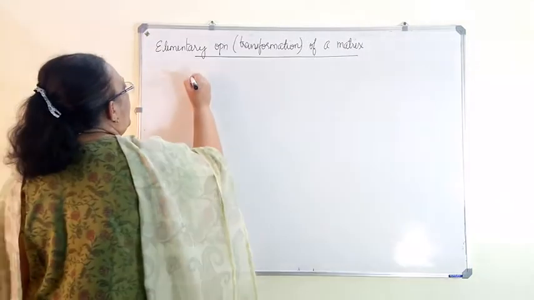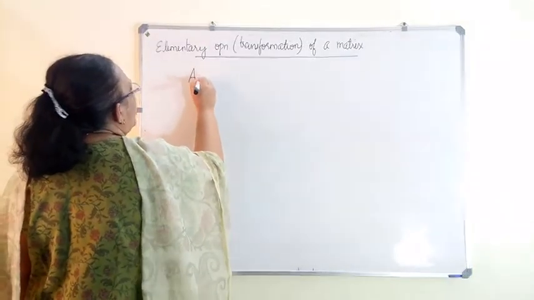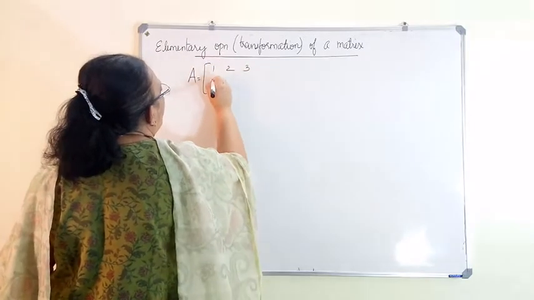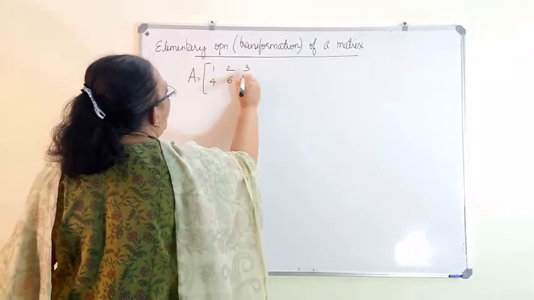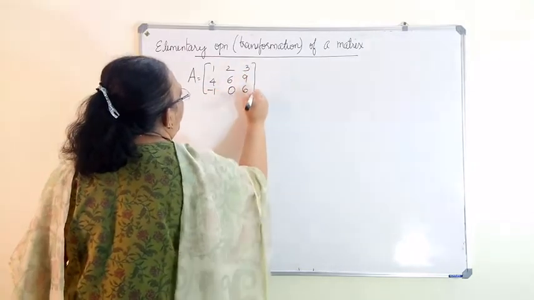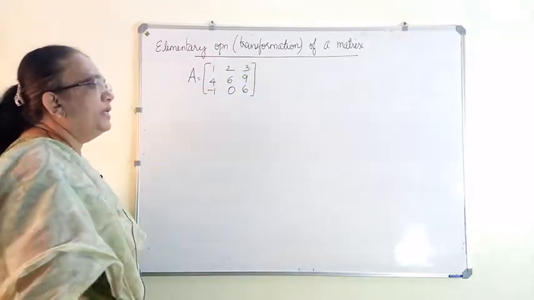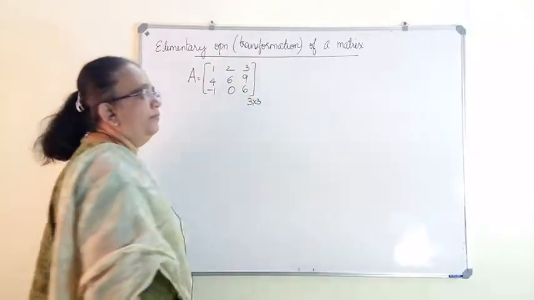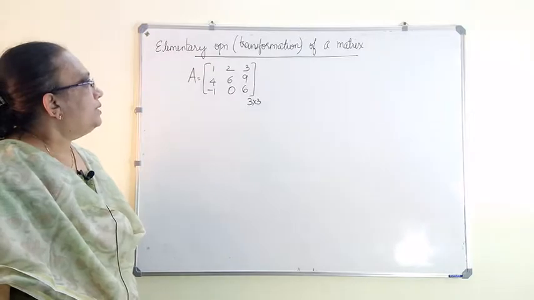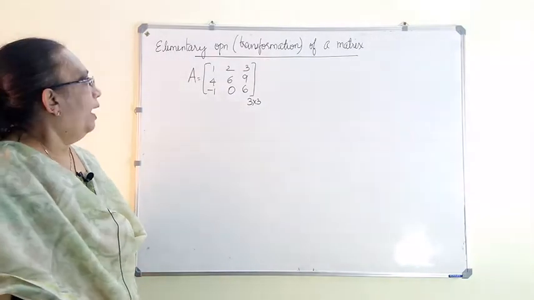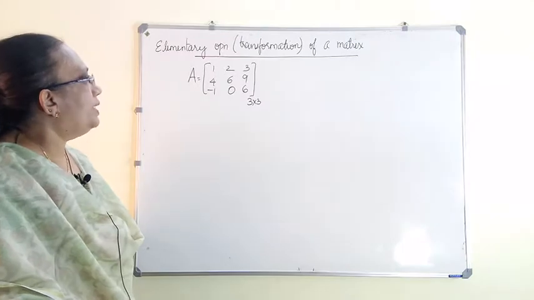For example, let us consider a matrix A is equal to 1, 2, 3, 4, 6, 9, minus 1, 0, 6. It is a square matrix of order 3. Now, for this matrix, what are the operations I can do?